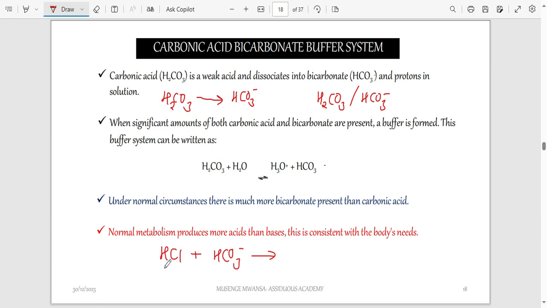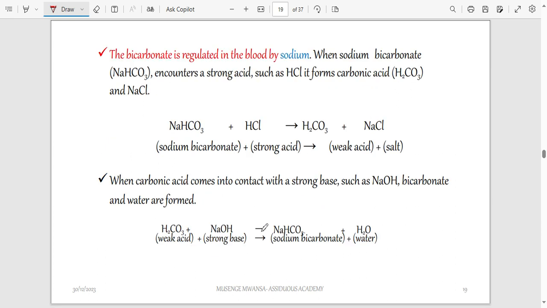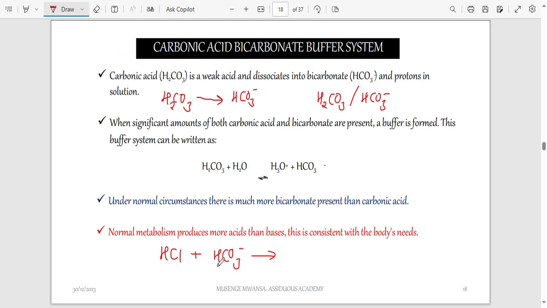Remember, the hydrogen is positive and the bicarbonate is negative. So the hydrogen will simply come and attach there, and then you are going to form the carbonic acid, and then you remain with the chloride ion alone.